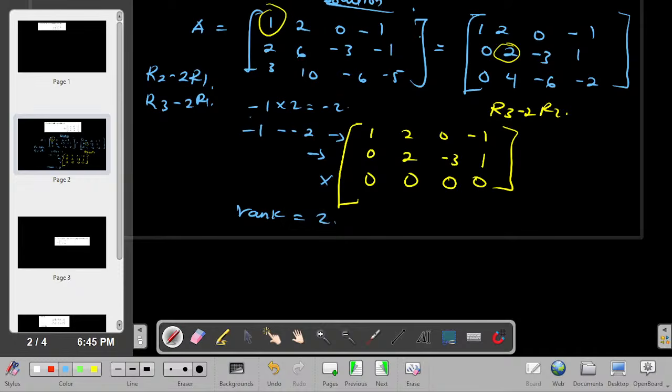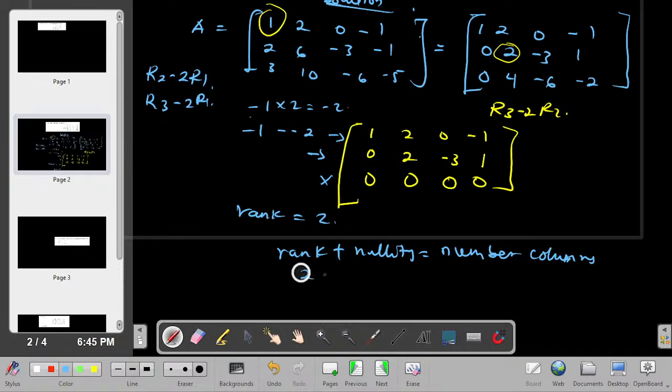Now, for the nullity, please don't worry. We don't calculate the nullity directly. Once you get your rank right, you should expect to get nullity right. The total number of columns here is 4. The rule says that whenever you add your rank and your nullity, it should be equal to the total number of columns, n.